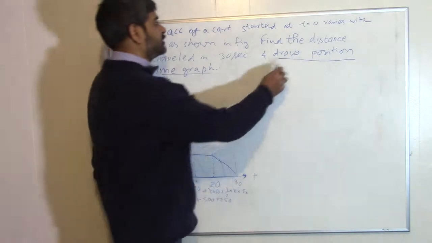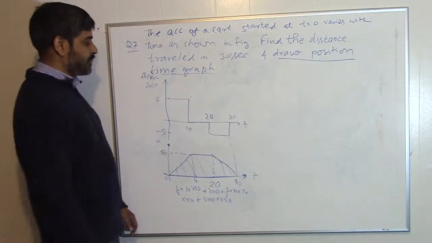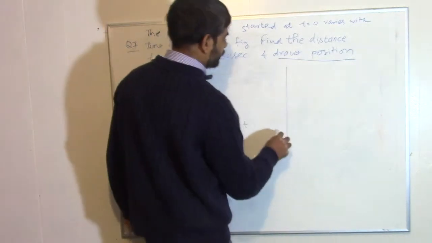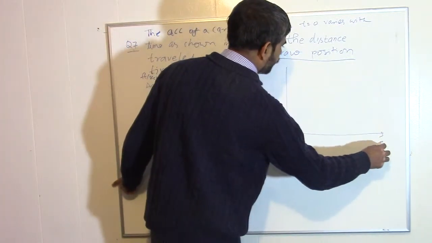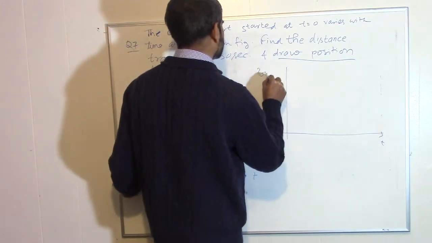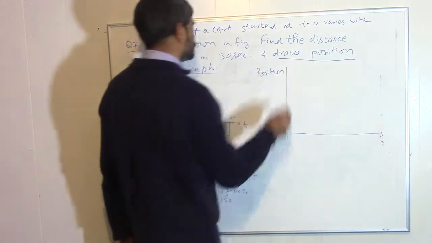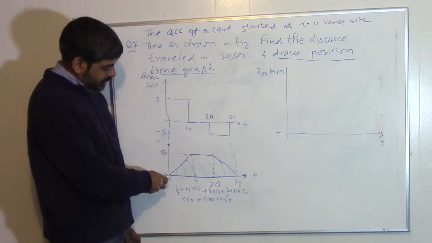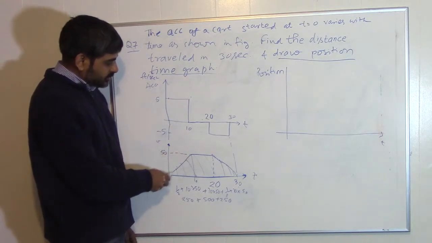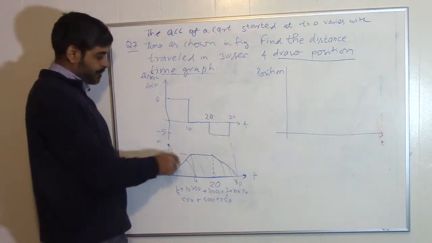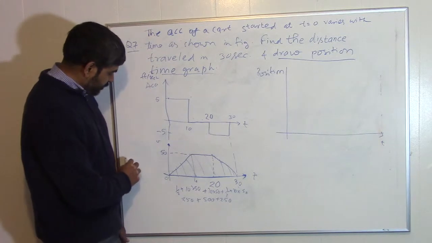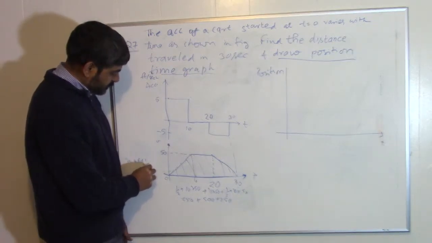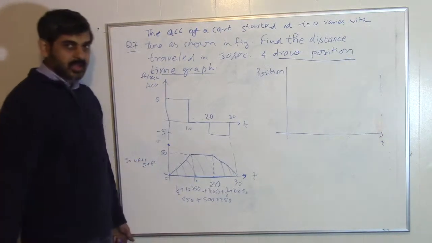The second part is to draw the position-time graph. With this given, we need to find out the position graph. This is time, this is position. The particle starts from here. Its velocity is varying with time. So the position will be given by s is equal to ut plus half at square.